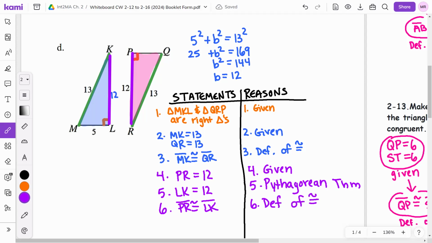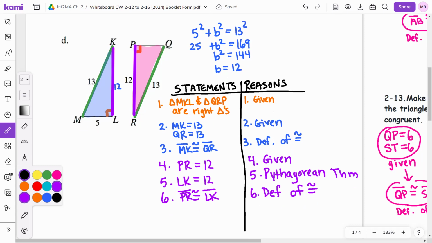So now from my picture, I'm going to stop. I'm not going to find the other side in the pink triangle. I could do that and do side-side-side. I have enough information now. So at this point, I can now say that these triangles are congruent. So I'm going to say triangle MKL is congruent to triangle QRP.